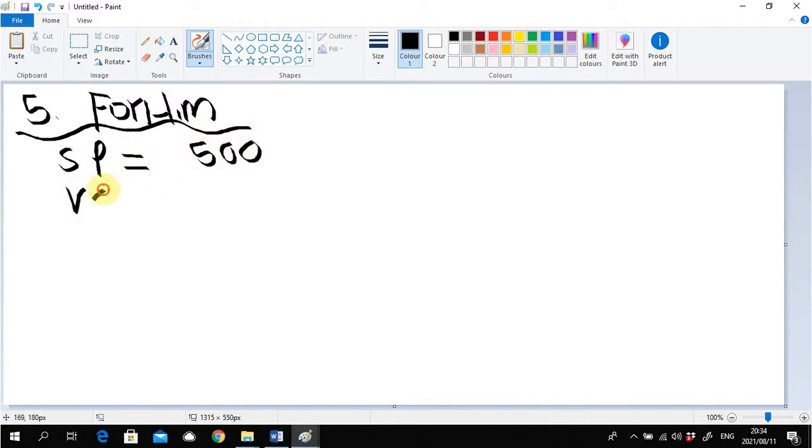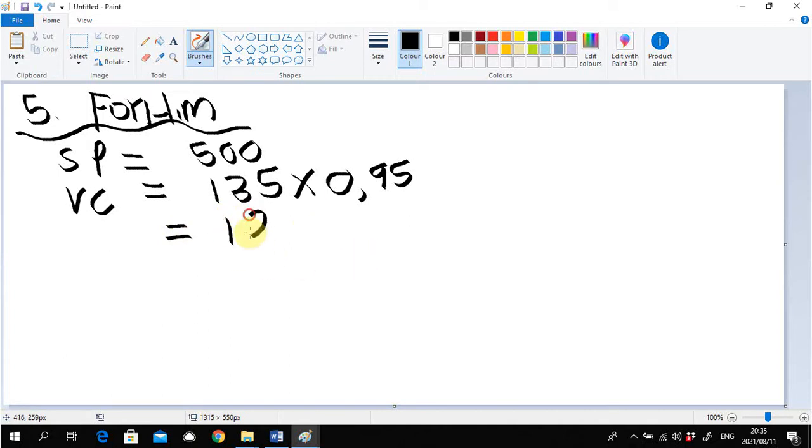Then they say the variable cost needs to drop by 5%. So the variable cost is 135 Rand, but if we drop it by 5%, it will be 95% of the original amount, right? So 135 times 95% is 128.25.